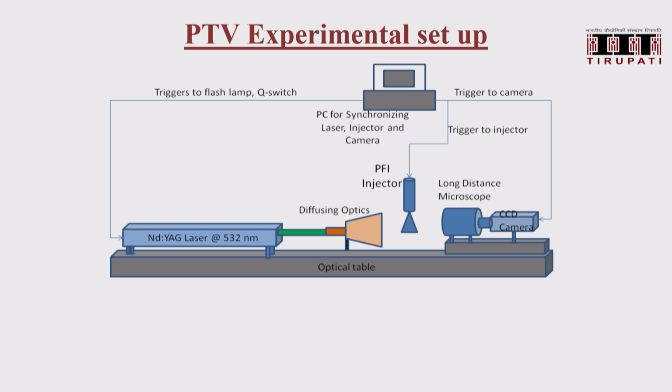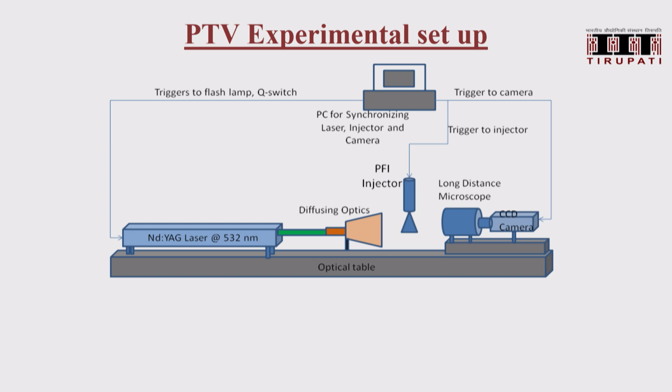So there is a special device called a long distance microscope, which is widely used to focus on a very small area from a safer distance. At 50 centimeters to 1 meter distance, you can still focus on an area of a few millimeters.